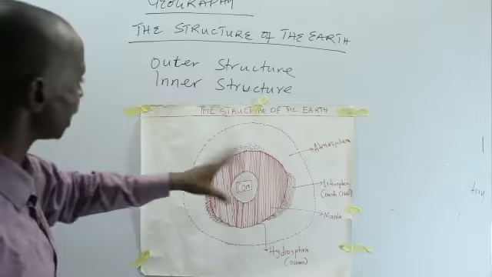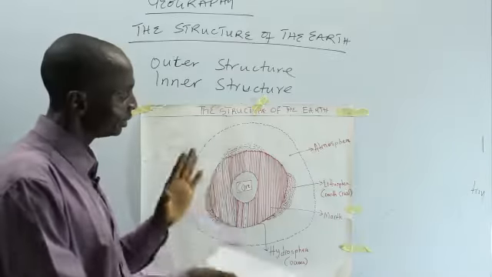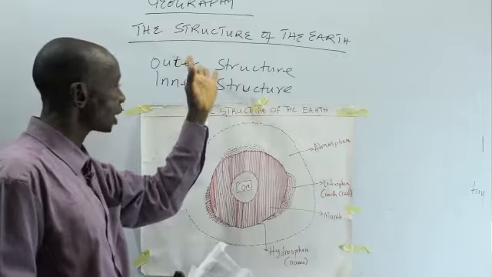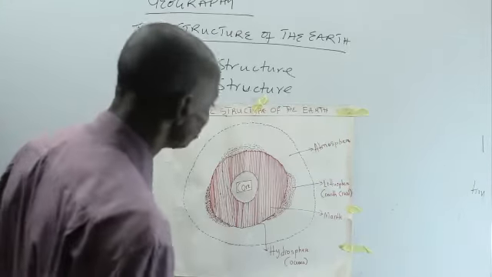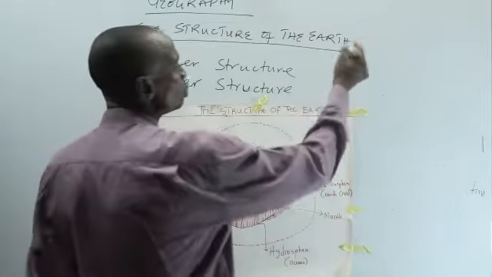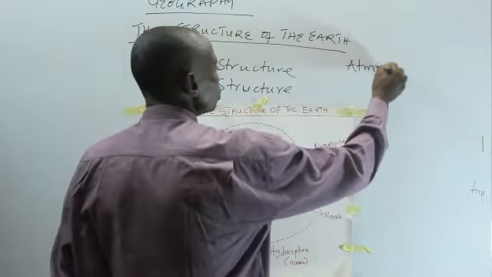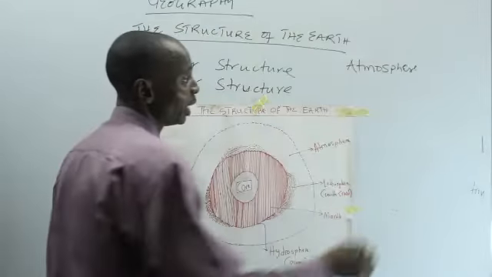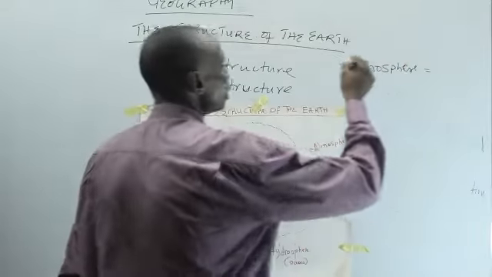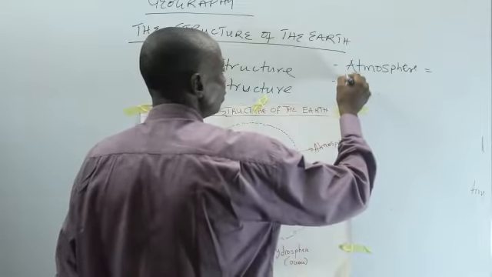Now we are looking, as I said, at the structure of the Earth, and the structure of the Earth is divided into two. We have the outer structure, or the outer layers, and those outer layers, I'm going to name them. Number one, the atmosphere. Number two, the biosphere.